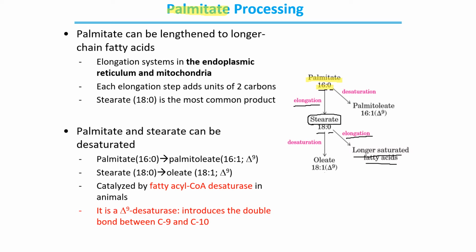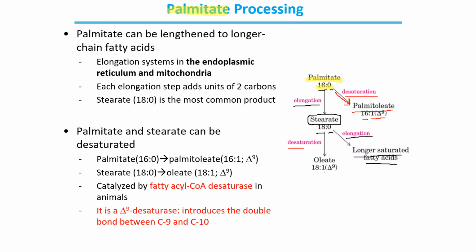Another change that we can make to palmitic acid is desaturation, that is adding a double bond to it. From palmitate, without increasing the carbons, we can convert it into palmitoleate or palmitoleic acid, which has the same 16 carbons but has one double bond present between carbon 9 and 10.